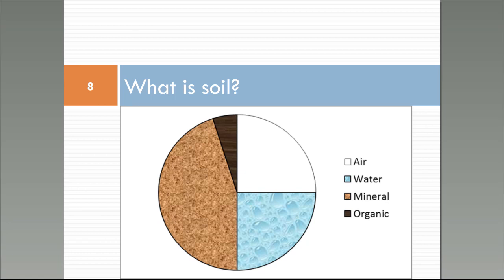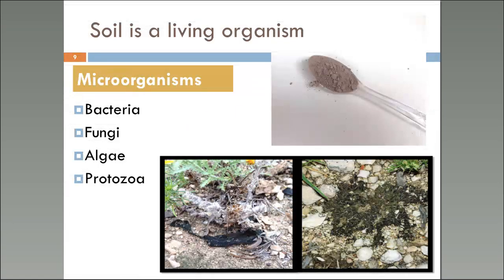So soil is predominantly mineral matter, and depending on where you are, there's relatively different amounts of organic matter mixed within the soil, and then the remainder is occupied by varying amounts of air and water, depending on when the last rainfall event was. But soil also is truly a living organism.